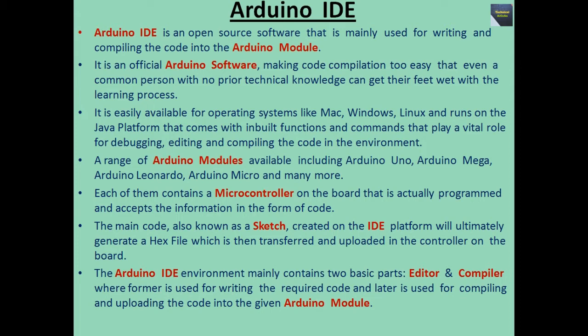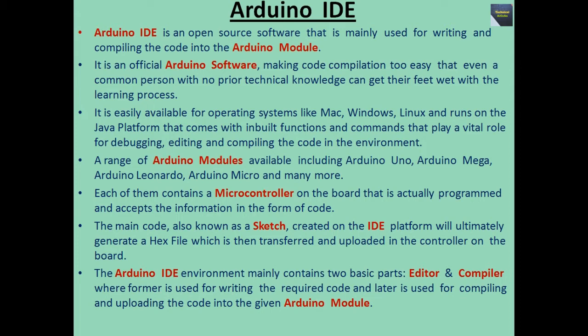Okay, a range of Arduino modules are available including Arduino Uno, Arduino Mega, Arduino Leonardo, Arduino Micro, and many more. Okay, each of them contains a microcontroller on the board that is actually programmed and accepts the information in the form of code, right? The main code, also known as a sketch, created on the IDE platform will ultimately generate a hex file which is then transferred and uploaded in the controller on the board.